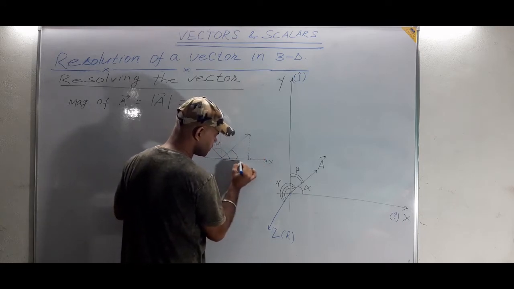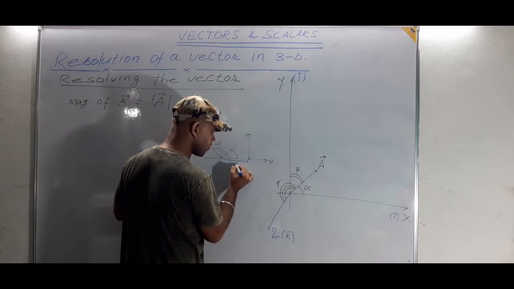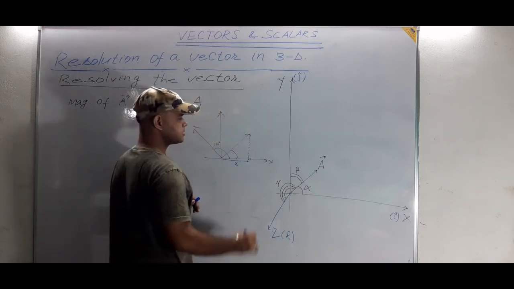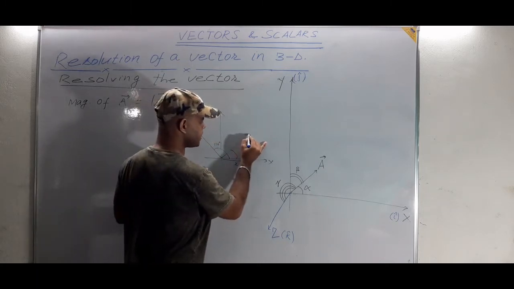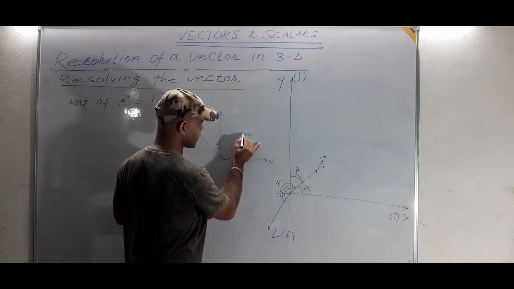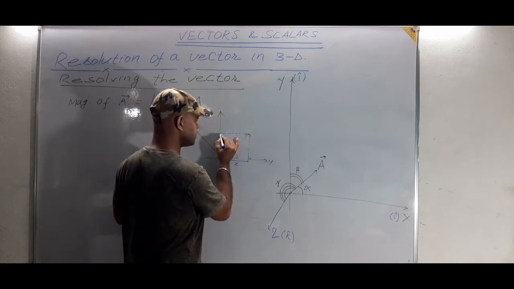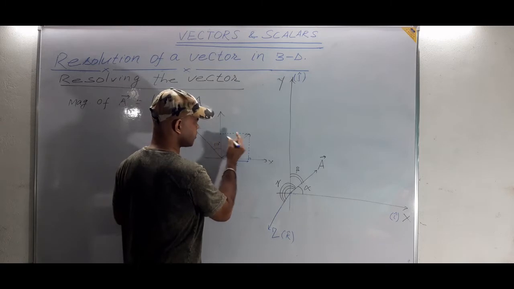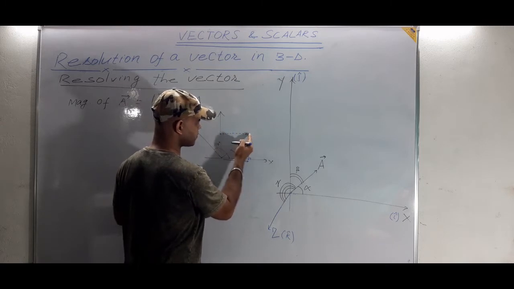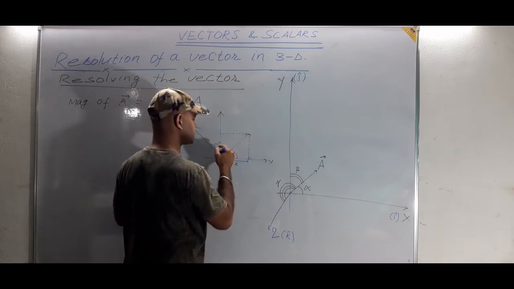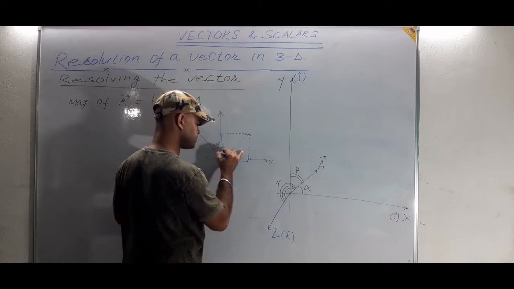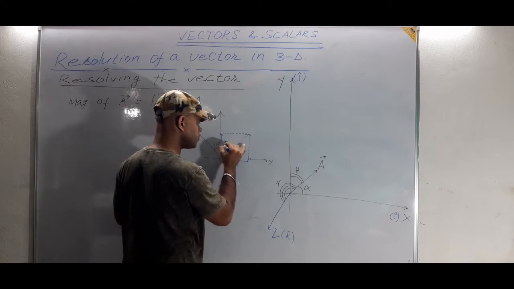From the origin till the point of intersection, this is called the x component. Similarly, you drop a perpendicular from the head of the vector on the y-axis. The distance of this point of intersection from the origin gives you the y coordinate.